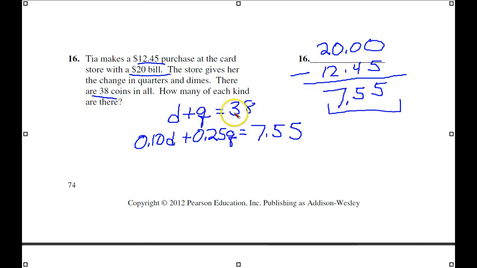So there's your first equation. Now, how much is a dime worth? 10 cents. A quarter, 25 cents. And this was the total. So the first thing you're going to do, I think, would be to get rid of the decimals.